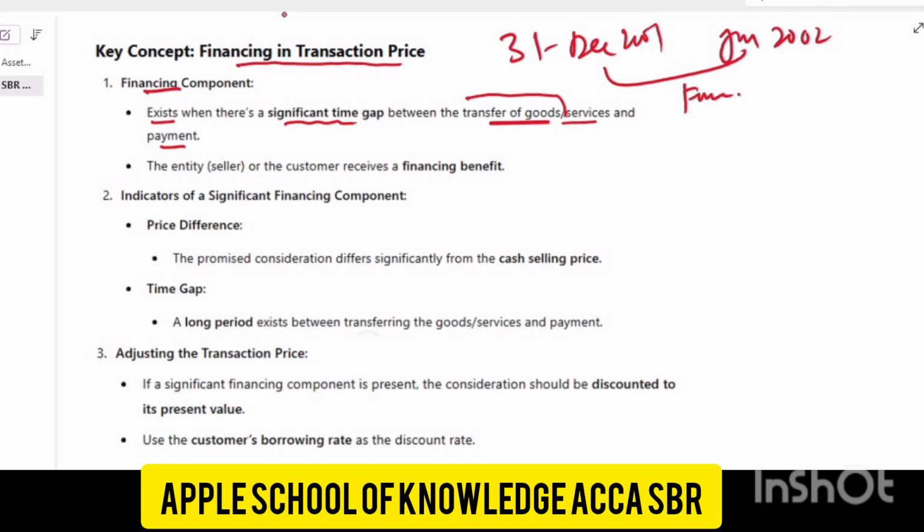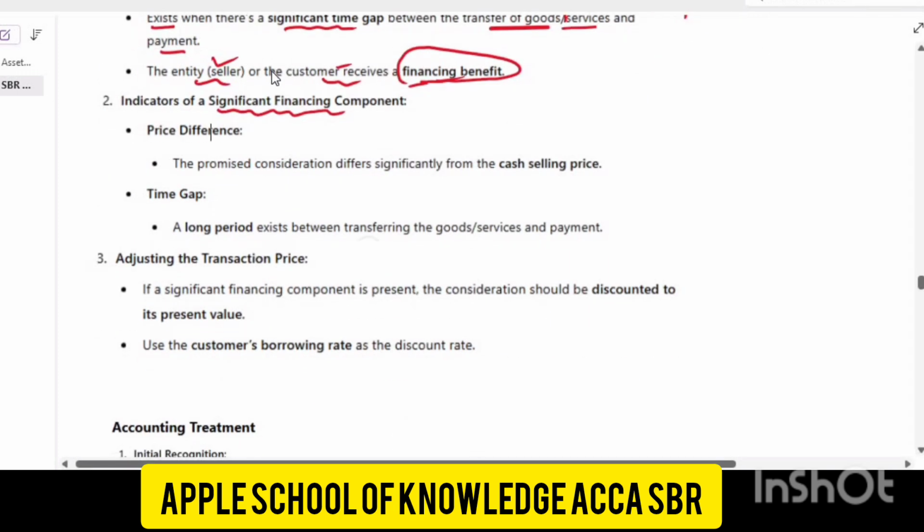Okay. So the entity, meaning the seller or the customer, receives the financing benefit. Either the seller or the customer receives the financing benefit. Clear? Now indicators of financing component, how you will indicate that there is a significant financing component. The first one is price differences.